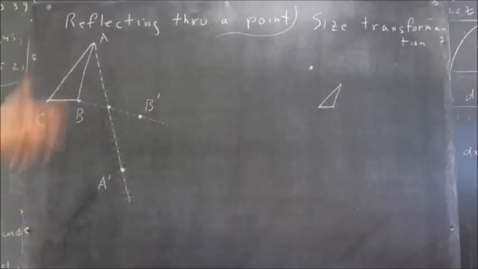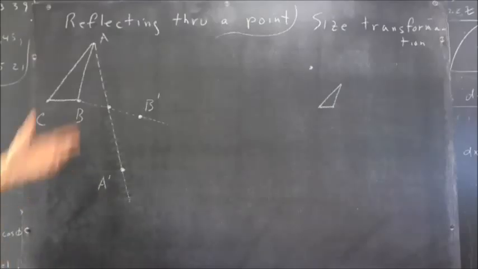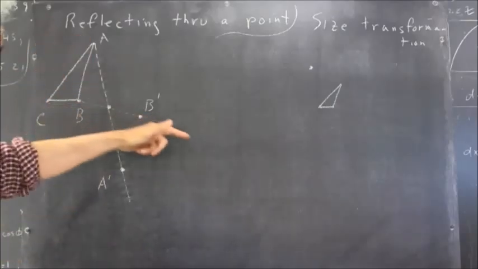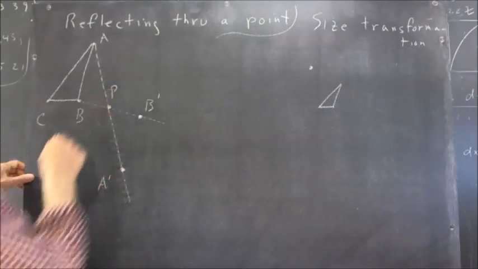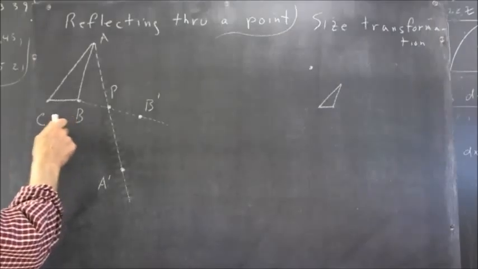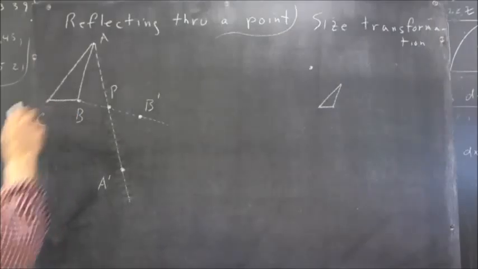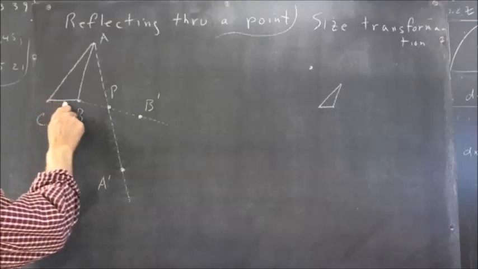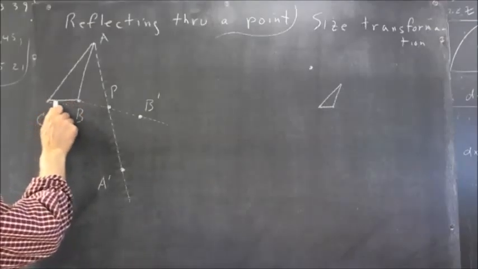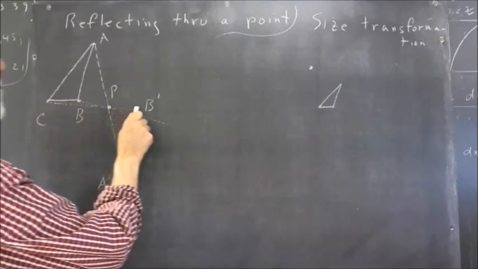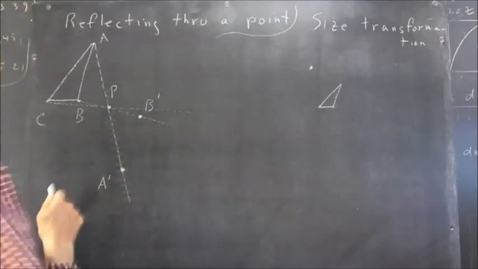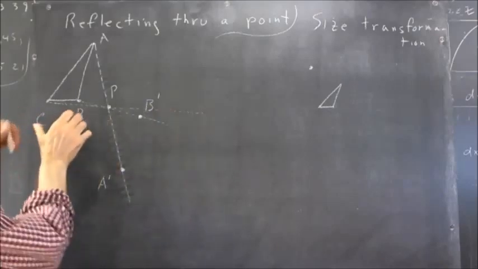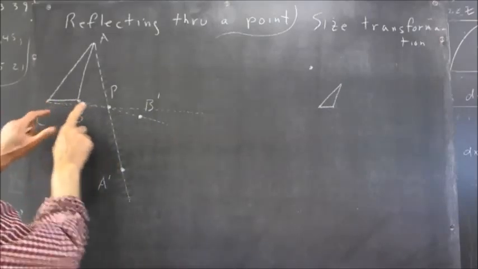This is actually simpler than what we did in reflecting through a line because I never have to worry about a right angle. We just go straight through the point, and let's call this point P. Then the point C, again, we go an equal distance on the other side.